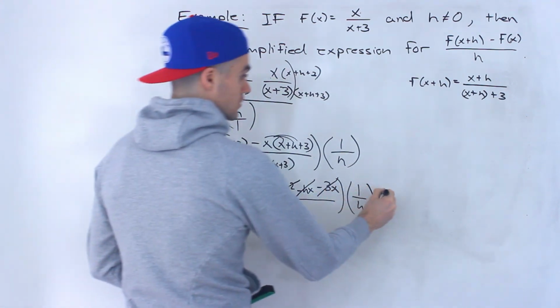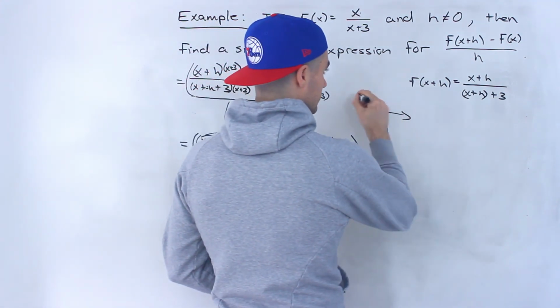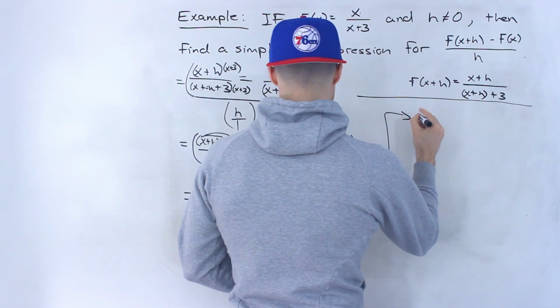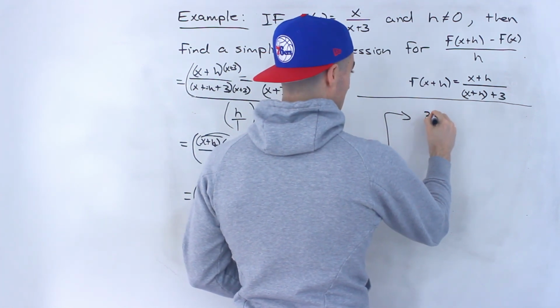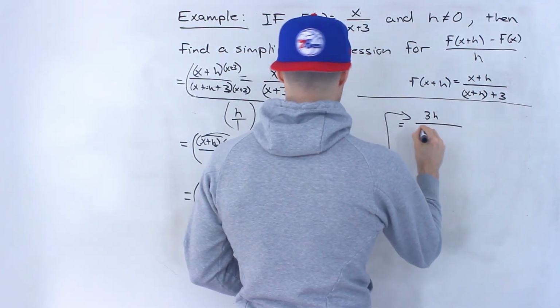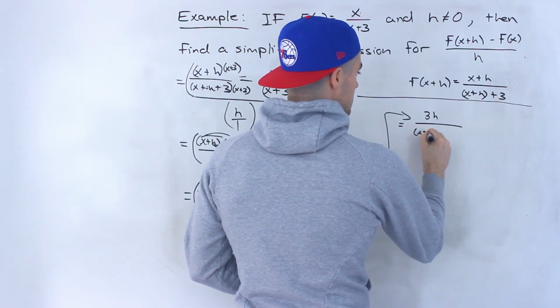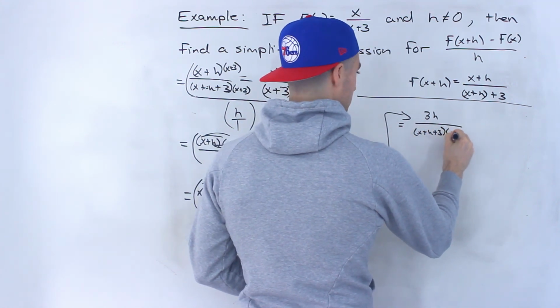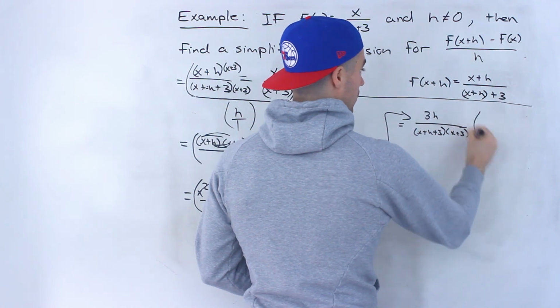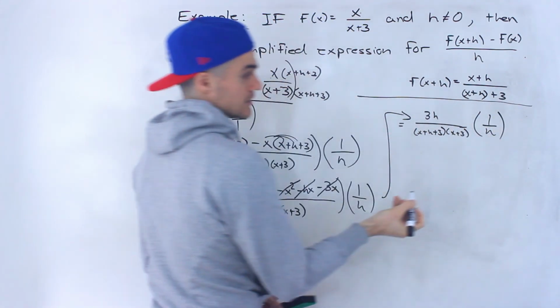So what we would end up with, let's block this off, is 3h over x plus h plus 3 times x plus 3, and that would be multiplied by 1 over h, like that.